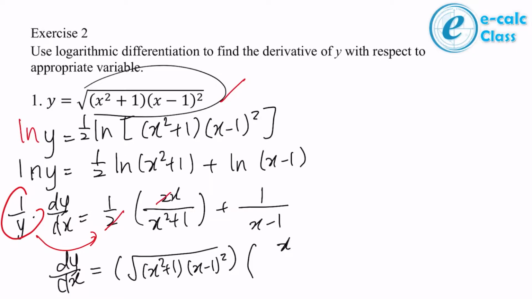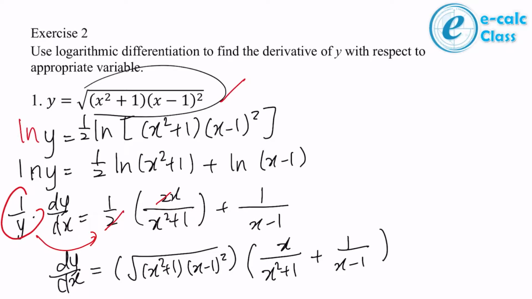X over x square plus 1 over x minus 1. Yeah, there's nothing much you can do. Okay, please check if I make any mistake. So this is it for logarithmic differentiation.